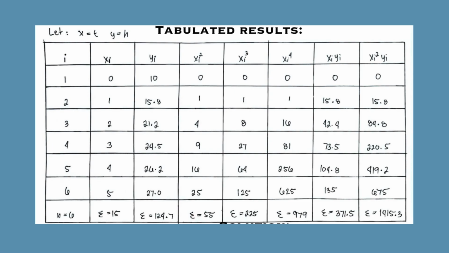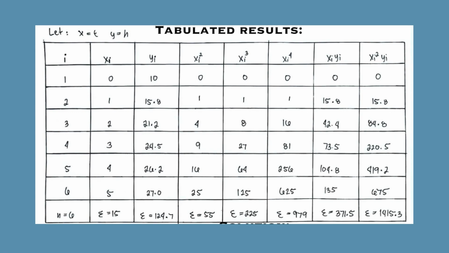The heat transfer coefficient is our y sub i, so we have 10, 15.8, 21.2, 24.5, 26.2, and 27.0. And to find the summation of y sub i, we total them, and the result here is 124.7.